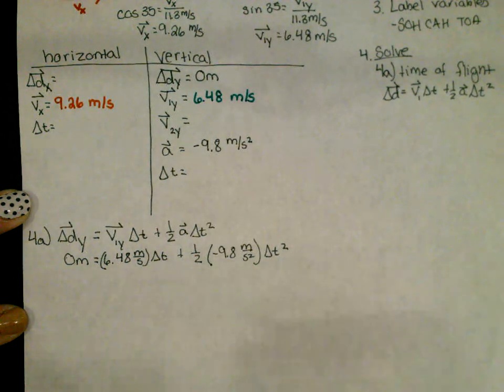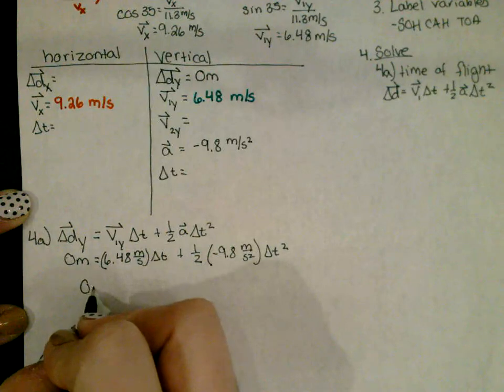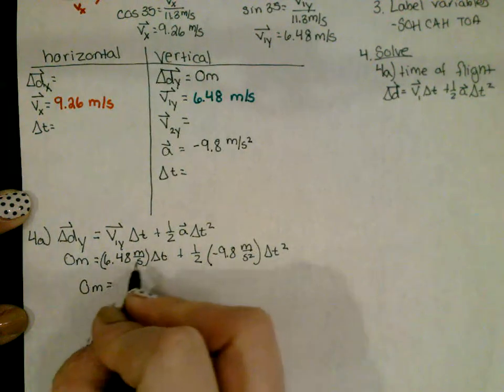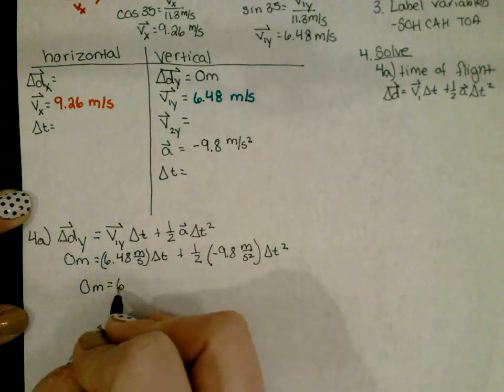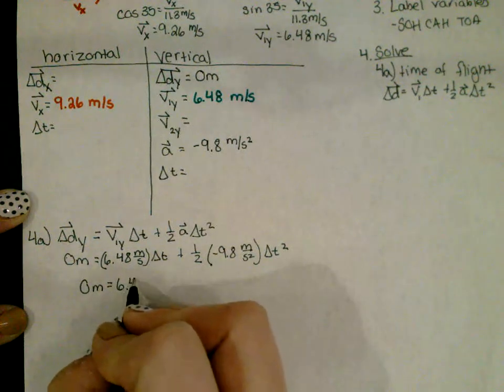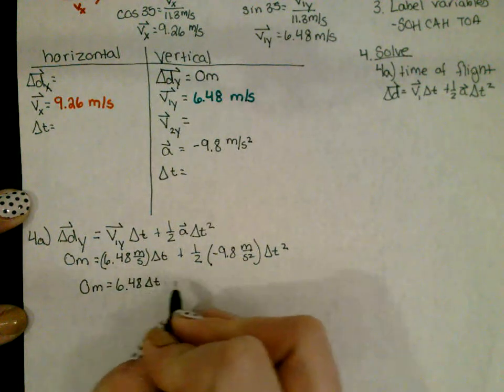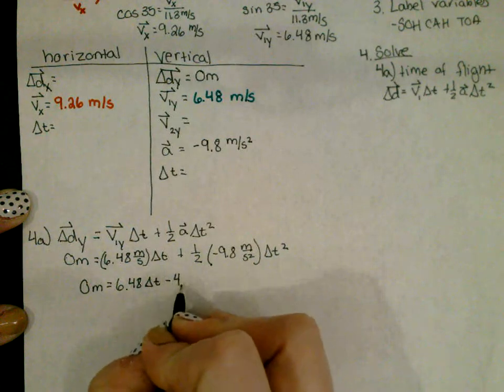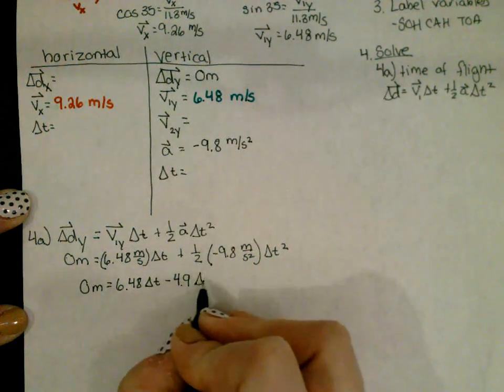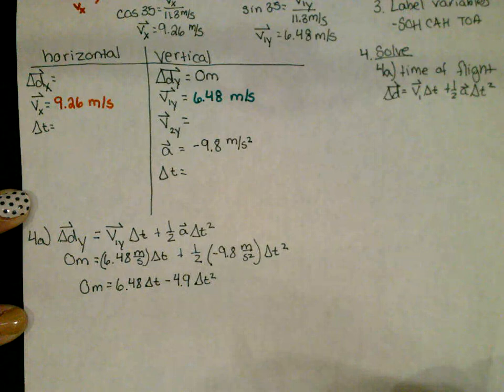I'm going to distribute my 1/2, so I'm going to get 0 meters is equal to, and I'm going to drop these units just to make it easier for you to see, 6.48 change in time minus 4.9 change in time squared.